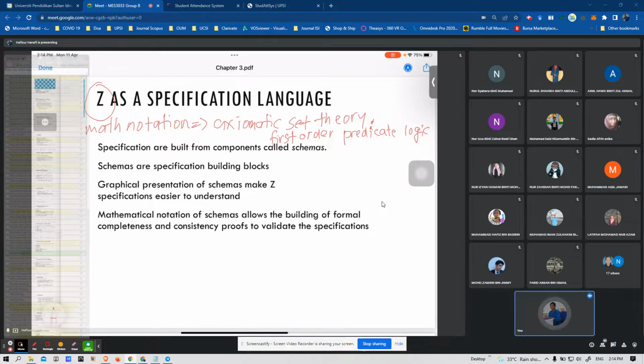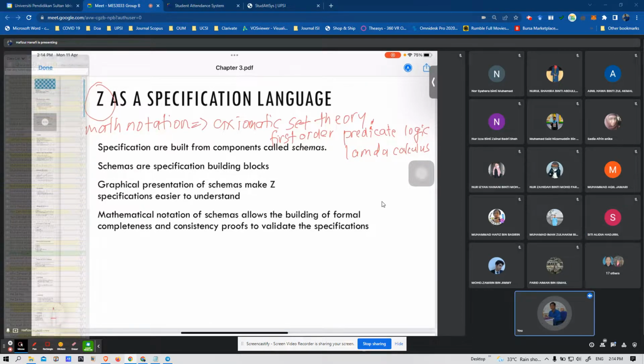And then we have lambda calculus. Okay, can you read my handwriting? Okay, so far, do you have any questions?